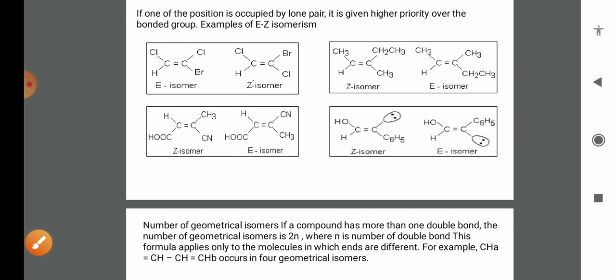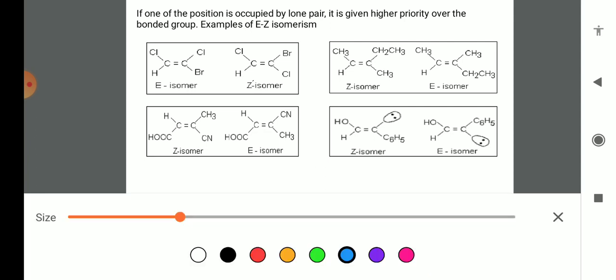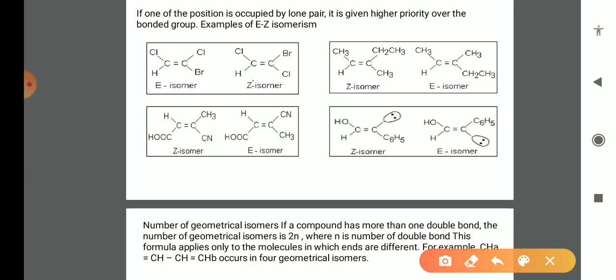So let's see examples and identify our isomer types. Example number 1. E means Entgegen, which means opposite. Z means Zusammen, which means together. Here chlorine has a higher atomic number, so it is the higher priority group number 1, and this is the chlorine on this carbon, the higher priority.